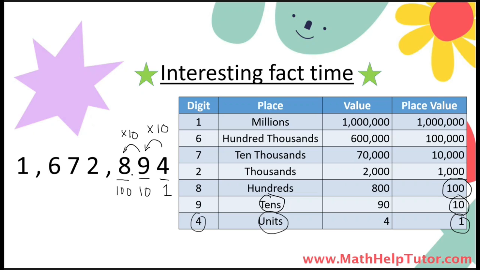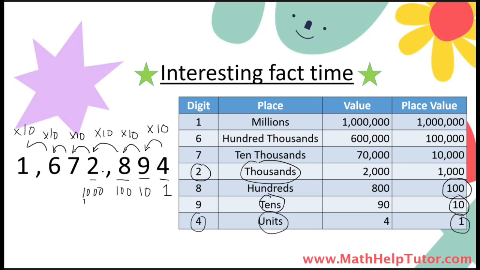Now looking at the digit 2, which is in the thousands place, it has a place value which is 10 times more than the place value of 8, which is 100. And we can go on up to the end of this number.